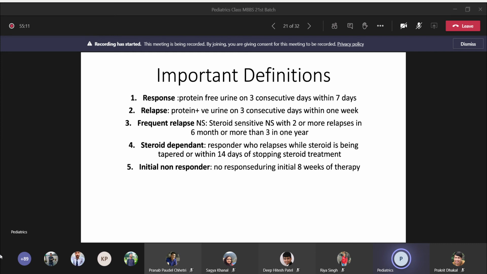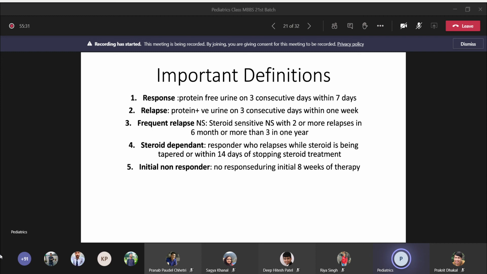And in the other investigation, if you do the urine examination and there is 4+ albumin in the beginning of the treatment, after a few days of treatment the albumin level will go down, to either 2+ or 3+, and this is called response.